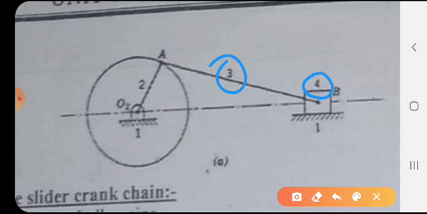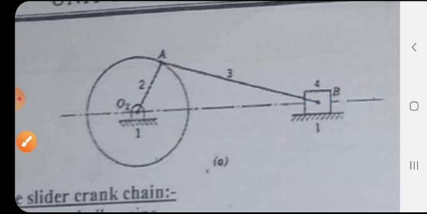Keep it in mind: link 1 to 2, link 2 to 3, link 3 to 4 are the three turning pairs, whereas link 4 and 1 is a sliding pair.